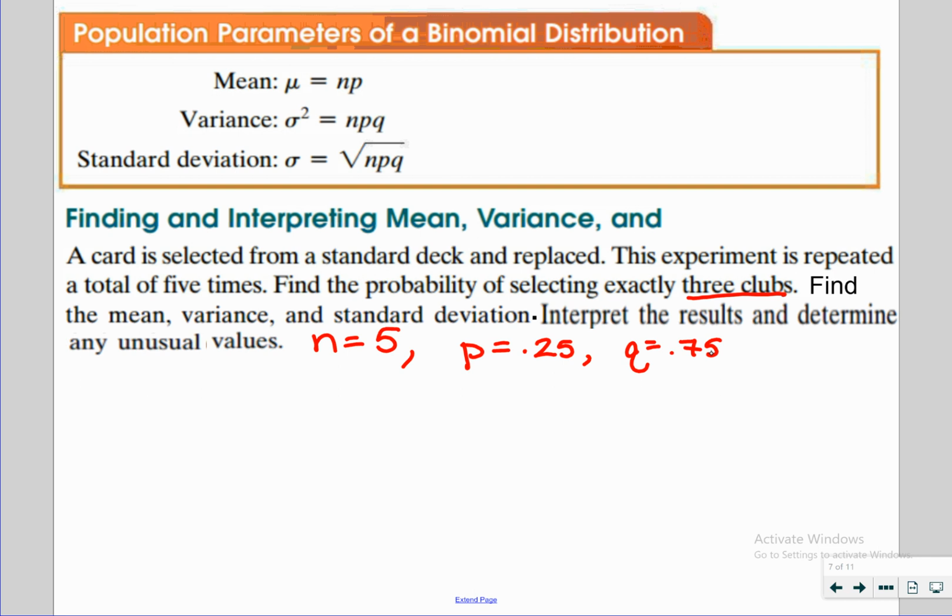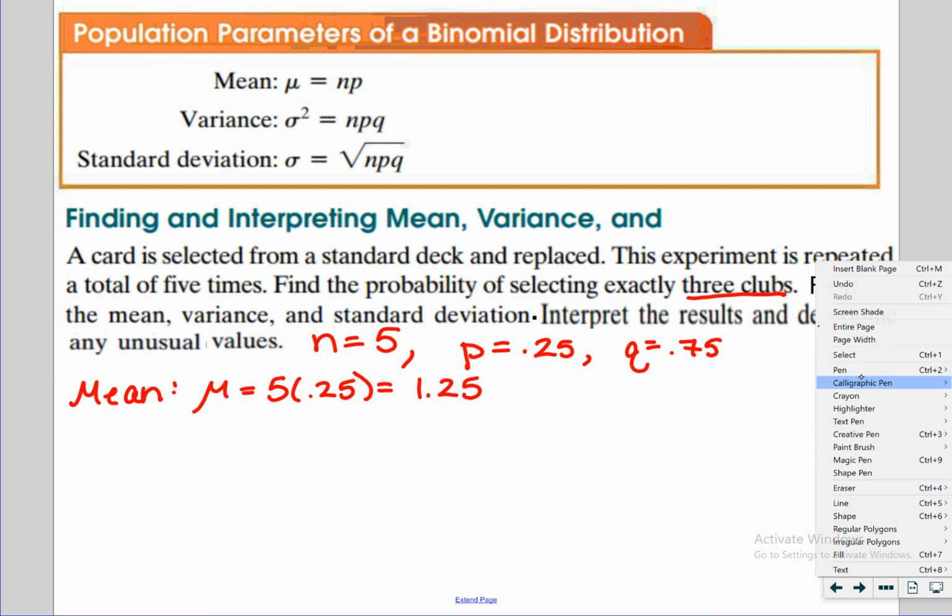Okay, so find the mean, variance, and standard deviation is what we're doing. So starting with the mean, it's just n, 5, times p, 0.25, 1.25. What does that mean?